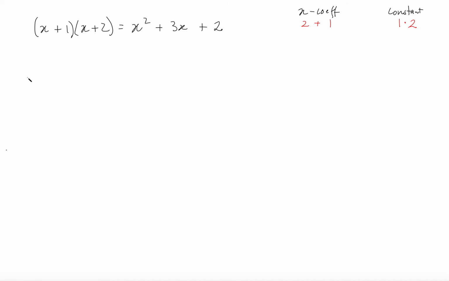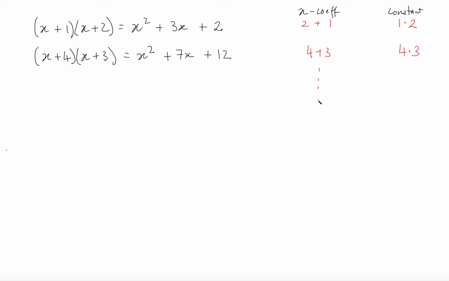Let's take another example. X plus 4, x plus 3, that's x squared plus 3 lots of x plus 4 lots of x, that's 7x, plus 4 times 3, which is 12. So again, the x coefficient here is 4 add 3, and the constant is 4 multiplied by 3.